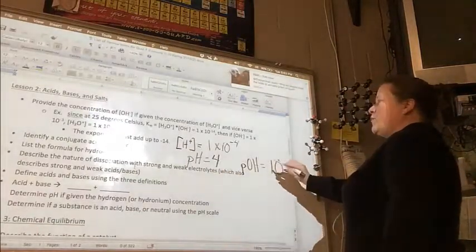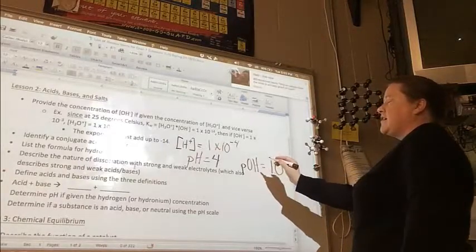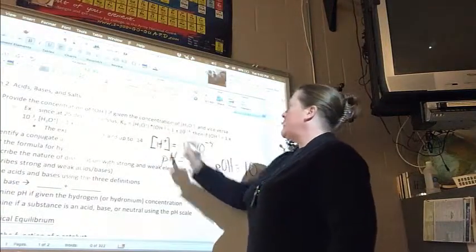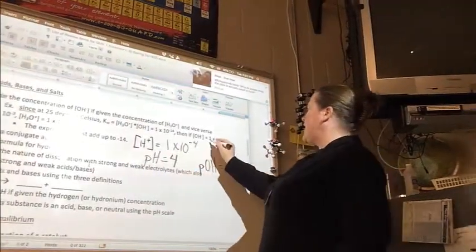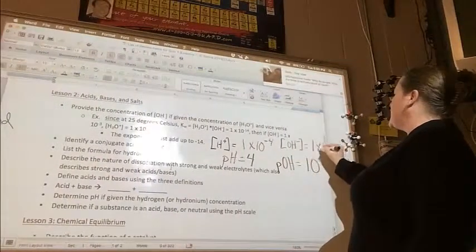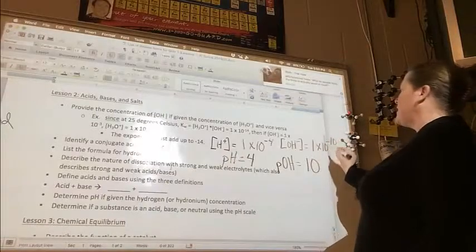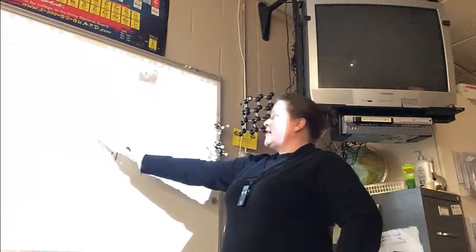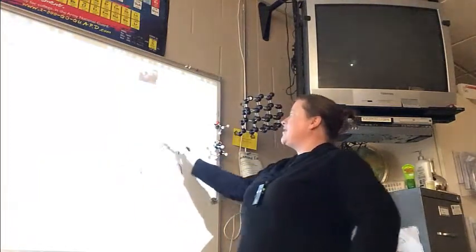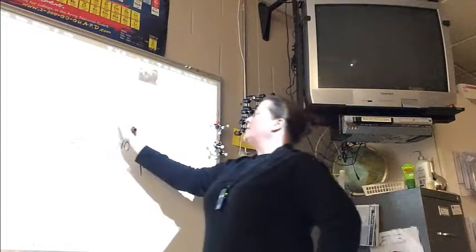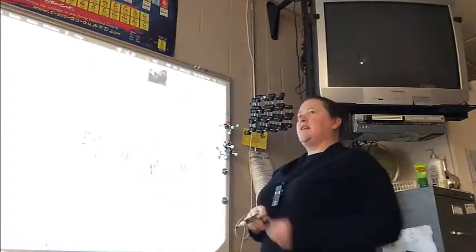Now, what's important here is that if I give you one, the other has to be such that, in this case, the hydroxide ion concentration would be 1 times 10 to the negative 10th. So if the hydronium or the hydrogen ion concentration is 1 times 10 to the negative 4th, then the hydroxide ion concentration is going to be 1 times 10 to the negative 10, because these times each other must equal 1 times 10 to the negative 14.